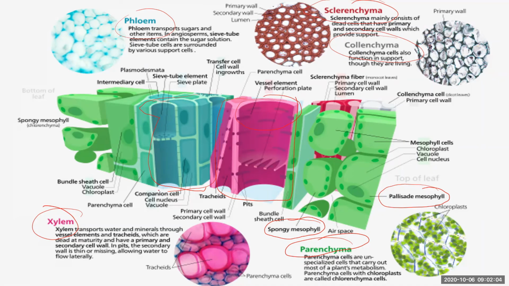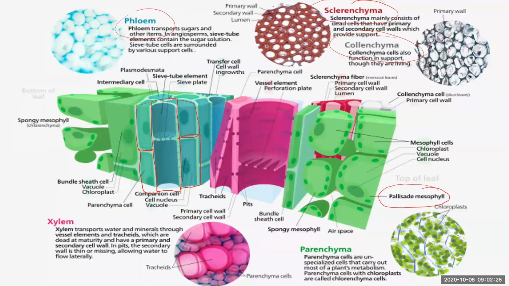Here is the phloem. So this portion is the phloem. Then beside it are its companion cells, again to support the phloem.